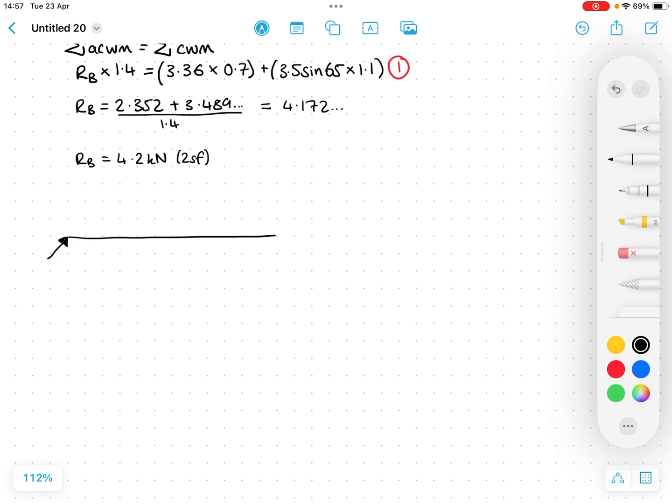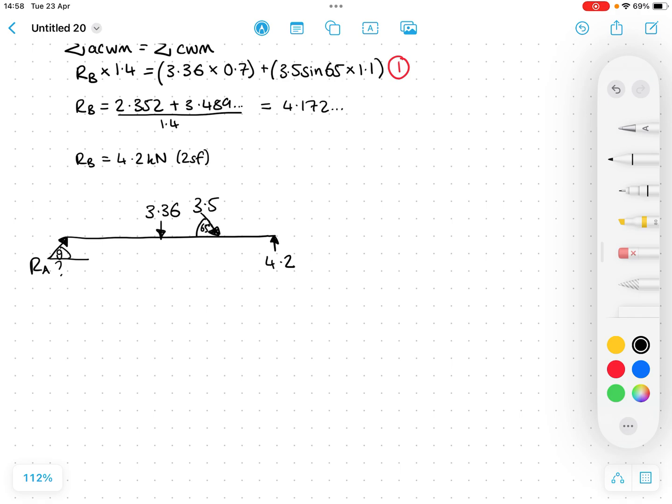So RA is unknown, and I also don't know the angle that it's acting at. I've got the point load equivalent of my UDL, which is 3.36. I've got this 3.5 kilonewtons at 65 degrees, and I've got RB, which is only vertical, which I know is 4.2 kilonewtons.